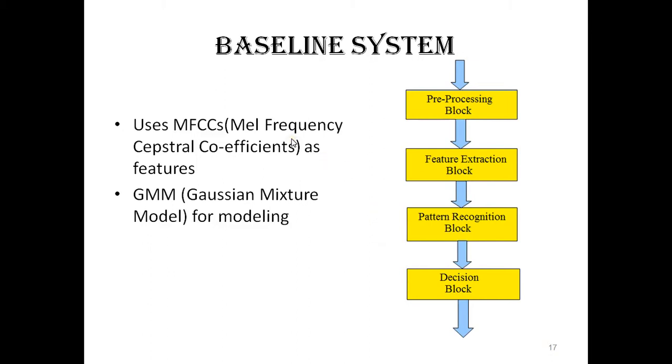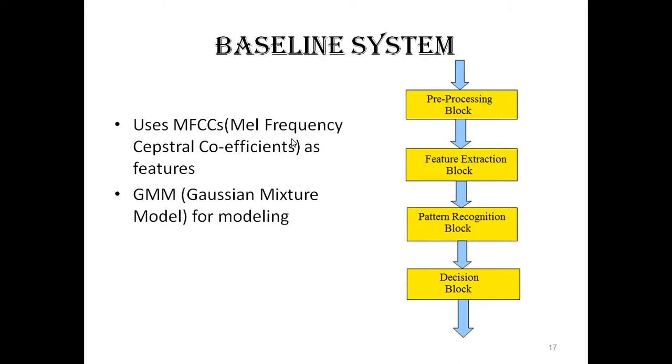So using this approach, we build two systems. One is the baseline system and another is the universal background model system. So in the baseline system, the structure is pretty much the same. We have the pre-processing block followed by the feature extraction, pattern recognition, and the decision block.